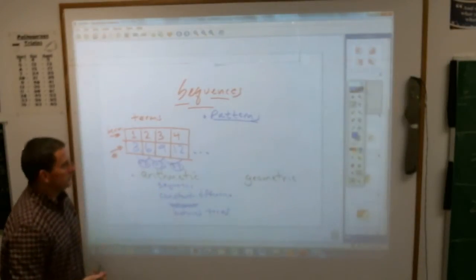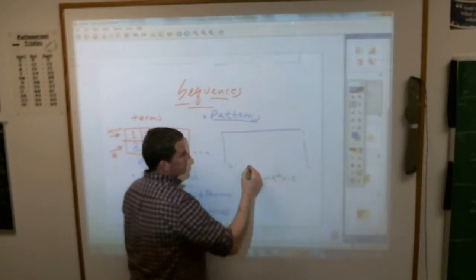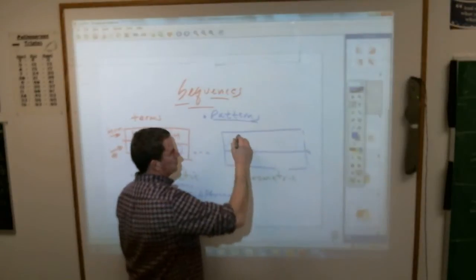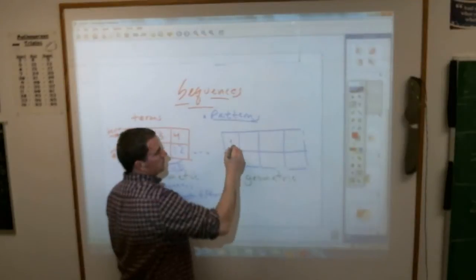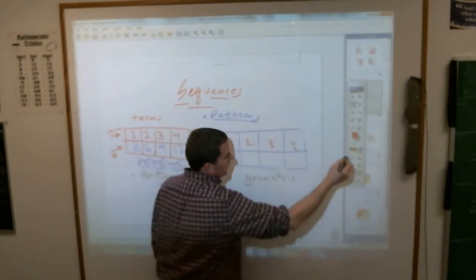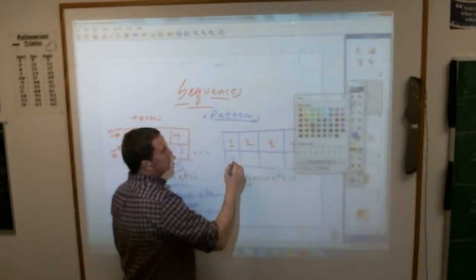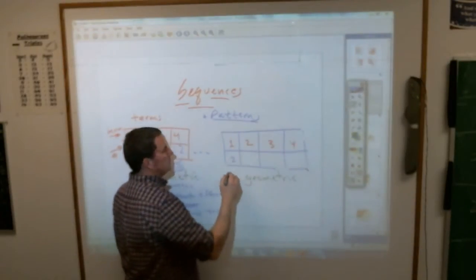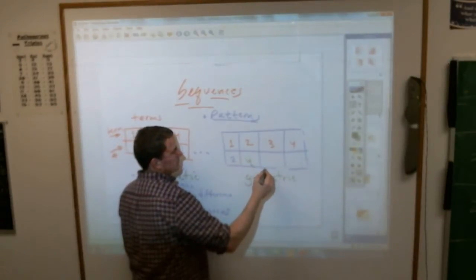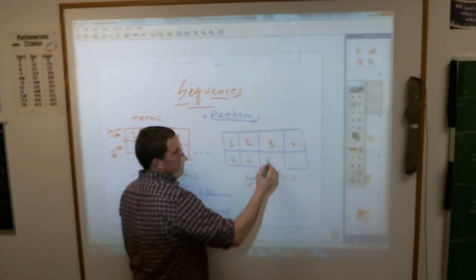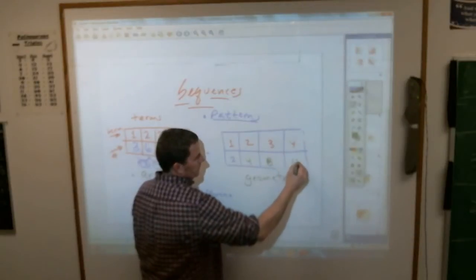Now, a geometric one looks like this, and let me give you a whole different table so we can look at it. First, second, third, fourth term, and then let's put these numbers in here: 2, 4, 8, and 16.